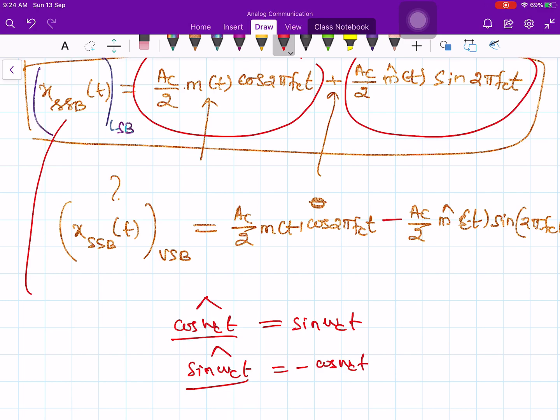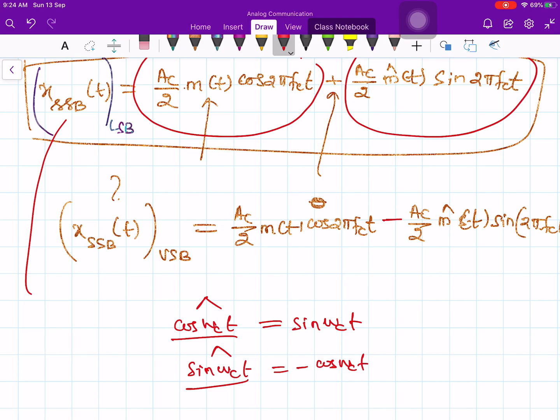For certain kinds of signals, one can work it out, like cos omega ct and sin omega ct. But for an arbitrary waveform, it is very difficult to see what the Hilbert transform will look like.